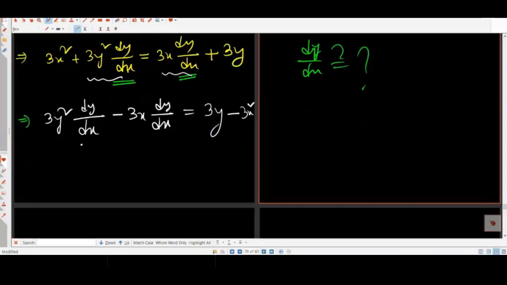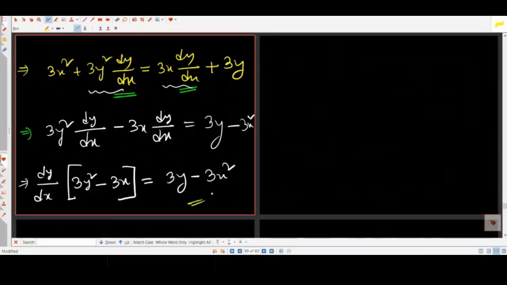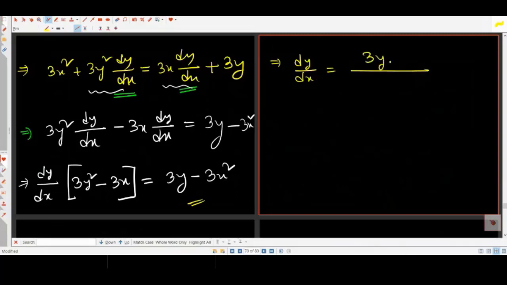So now dy/dx can be factored out. So dy/dx times (3y squared negative 3x) equals 3y negative 3x squared. So from here we can write dy/dx equals (3y negative 3x squared) over (3y squared negative 3x). So we have found dy/dx.